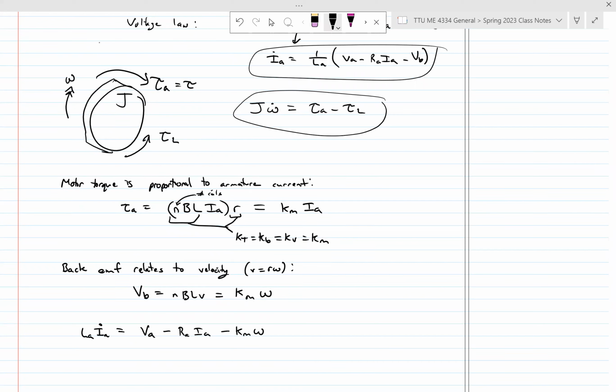That is VB. And suddenly, we now see an electrical circuit dynamics that depend on something in the mechanical world, right? That omega term there showing up.